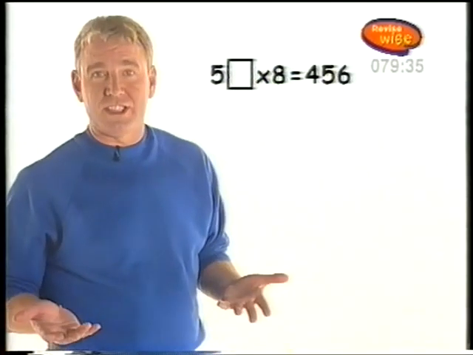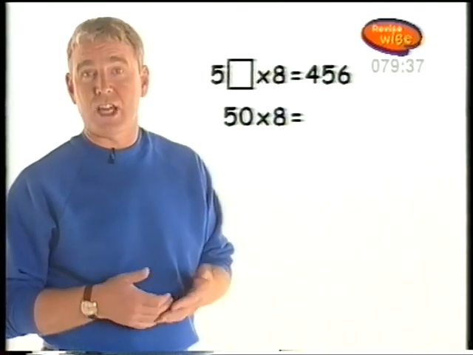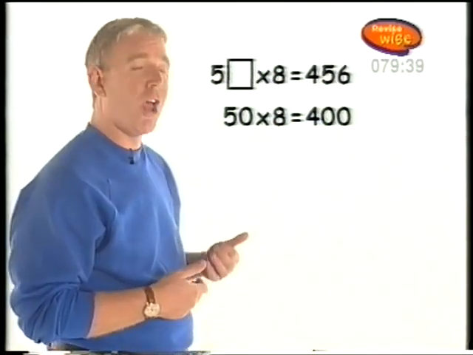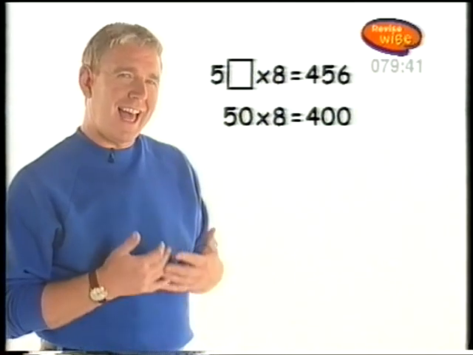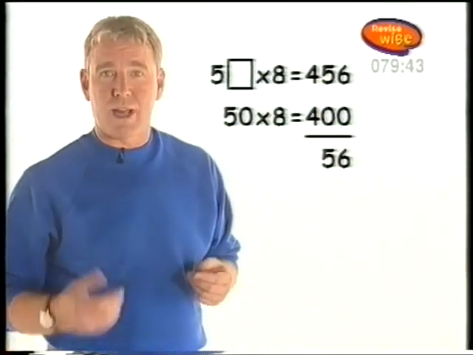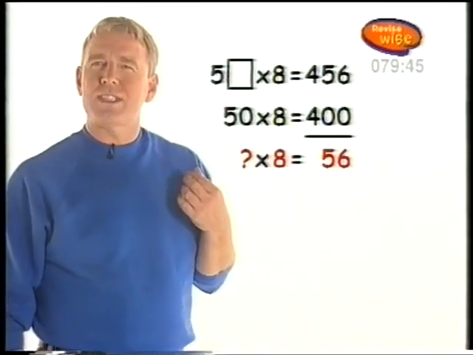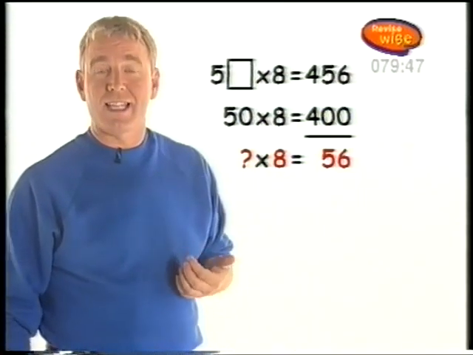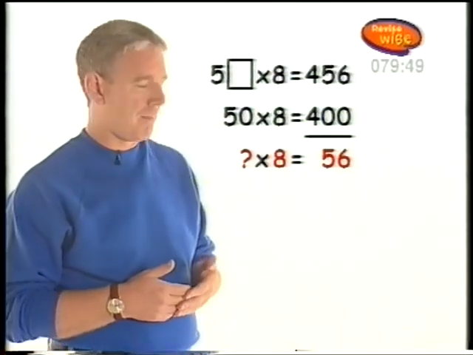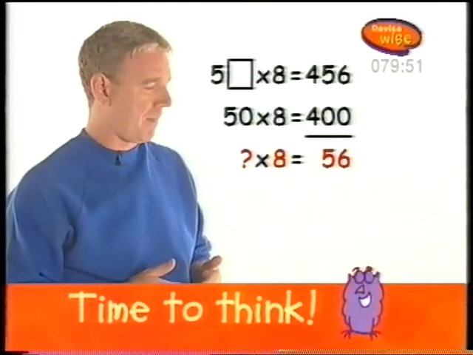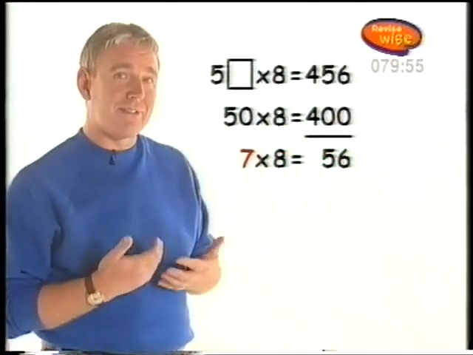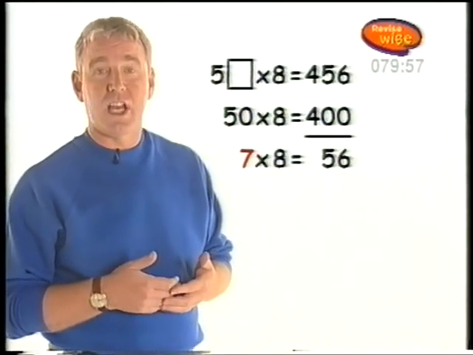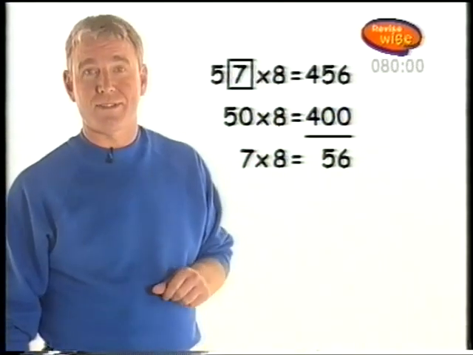Let's ignore the missing digit for now and do 50 times 8, which is 400. That leaves us 56 short of the right answer. So we look for something that multiplies by 8 to give 56. Seven times 8 is 56, so the missing digit is 7.